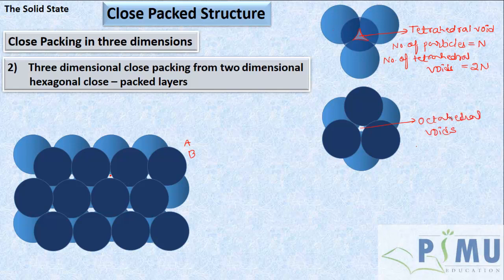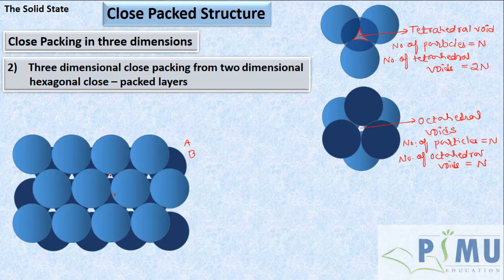In any crystalline solid, the number of octahedral voids is equal to the number of particles. For example, if the number of particles equals n, then the number of octahedral voids also equals n.